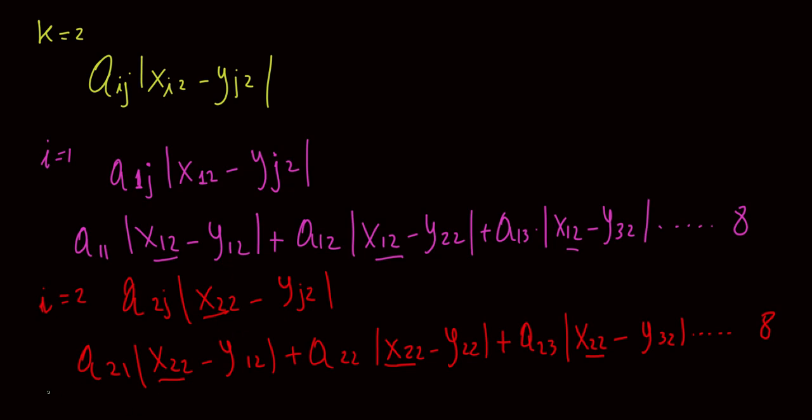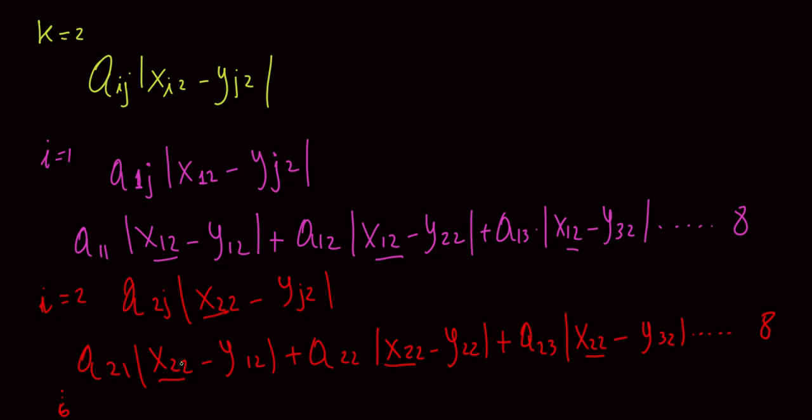This I need to repeat for i equal to 3, 4, up to 6, because i goes from 1 to 6. So I have 6 times 8 terms.